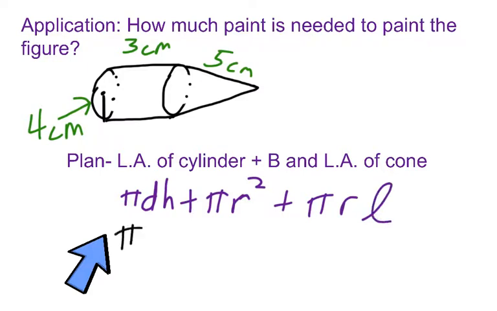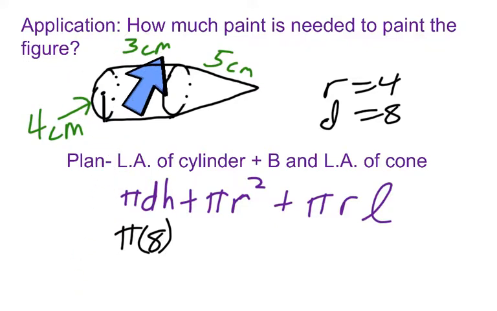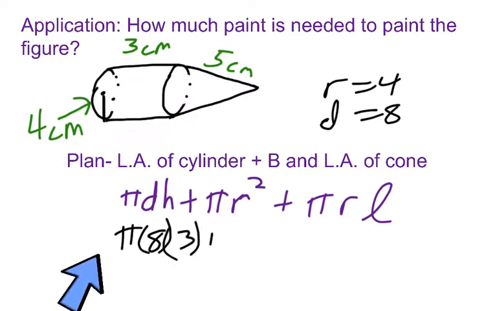So now we have pi times, our radius is 4, so that means our diameter has to be double that, which is 8. So that would be 8 times our height, and that's referring to this number up here. That's the height of our cylinder, which is 3. And then plus pi times the radius, which is 4 squared, plus pi times the radius.